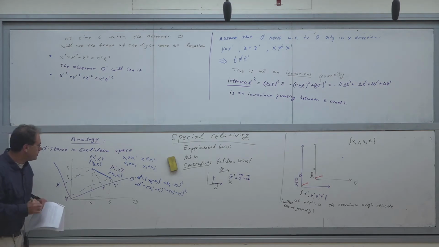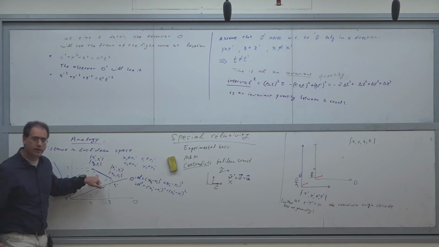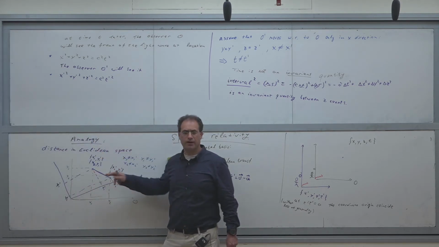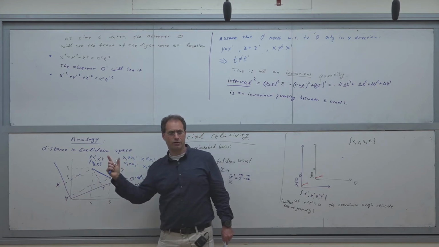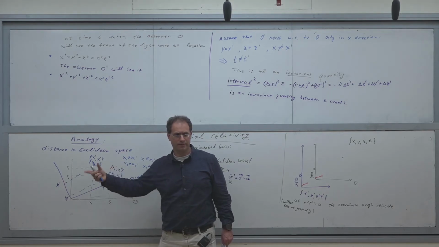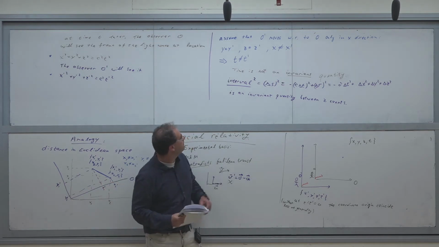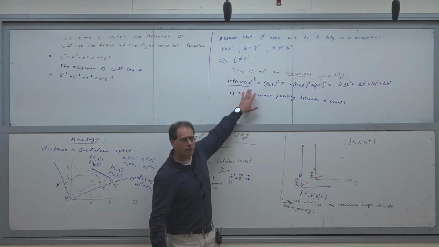So what we say in Euclidean space is that the distance is invariant under coordinate transformation. In simple Euclidean space, this is a two-dimensional example. So the interval really plays the same role as the distance.